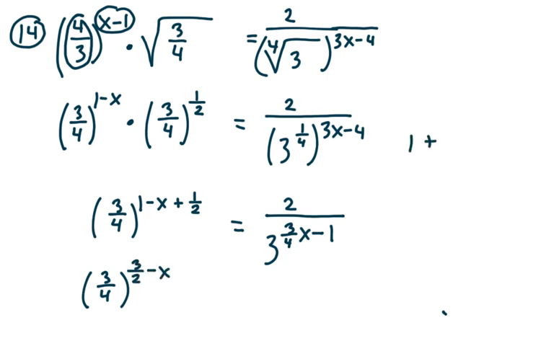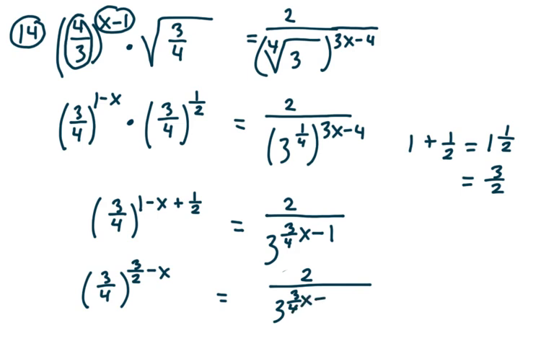Because remember, 1 plus a half is 1 1/2, which is equal to 3/2. That's the left side. On the right side, let me just copy it down. We get 2 over 3 to the 3/4 x minus 1. Like so.